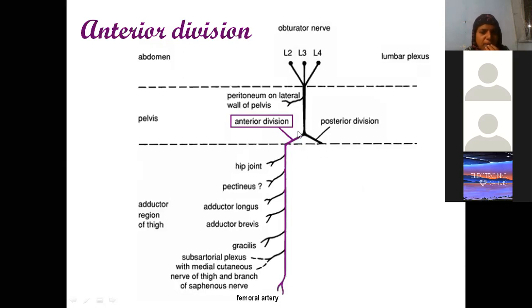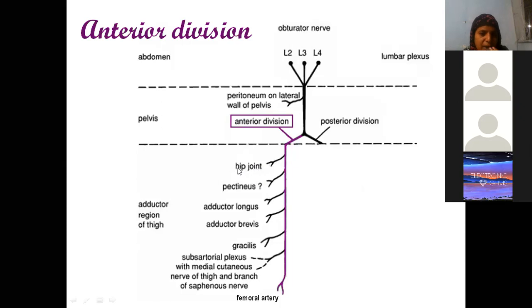Now this anterior division enters the medial compartment of the thigh. So which muscles is it supplying? It basically starts with the hip joint. Just now you saw the acetabular branch coming from the obturator artery. These are all nearby structures, and the obturator nerve is also in the vicinity.